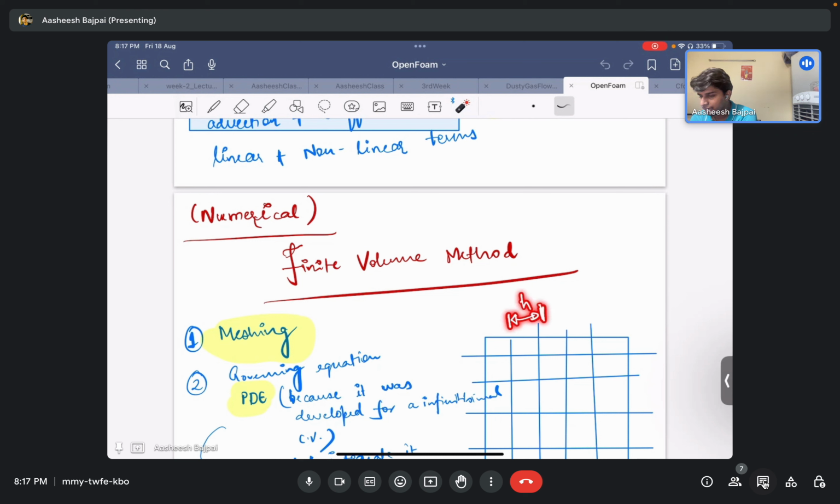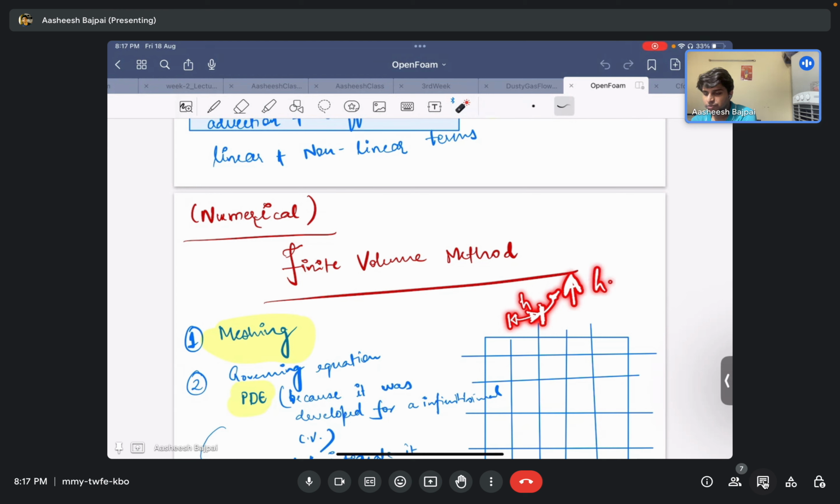Just think about the polynomial we solved today. If we reduce h, the accuracy of the solution increases.